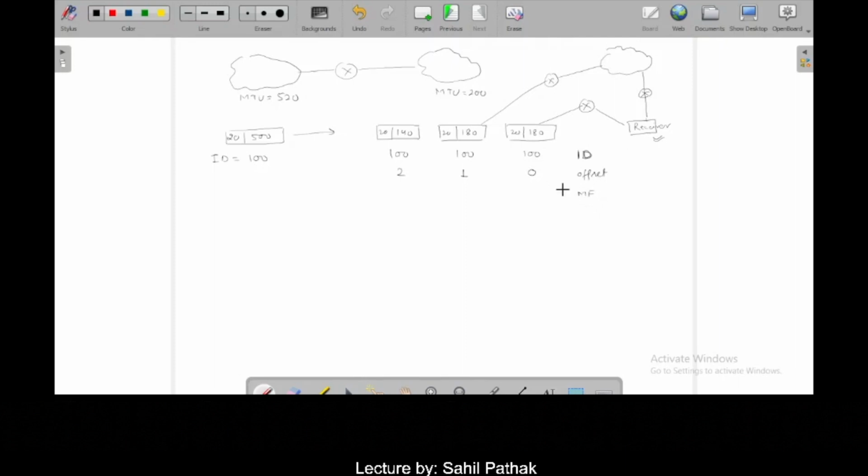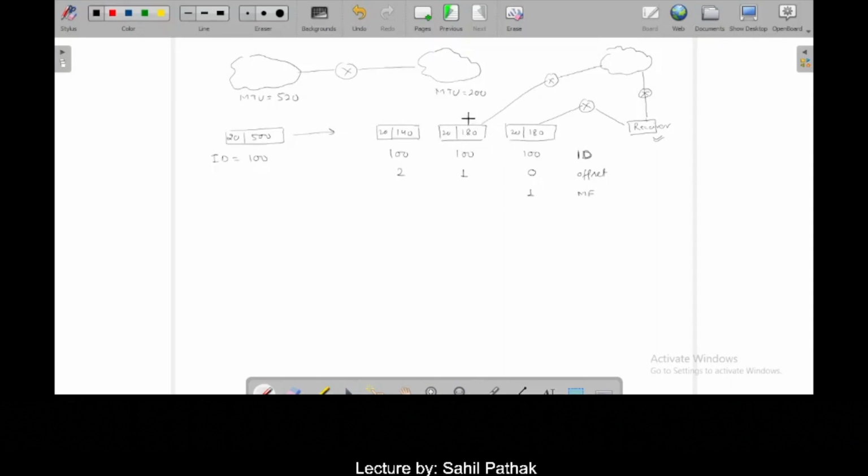Okay, so this is one more flag that is again there in the IP header, and more fragment tells about whether further there are any fragments following this fragment, the current fragment. So उसके according इसको true or false set किया जाता है. So for example, if we talk about this fragment, whether there are other fragments following this, yes, there are other fragments following this, so the MF value is equal to 1.